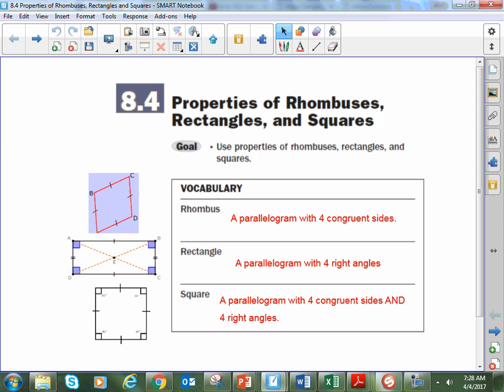A rectangle is a parallelogram that has four right angles inside of it, and a square is a parallelogram that has four congruent sides and four right angles. So a square can be classified as a rhombus and as a rectangle. However, a rectangle and a rhombus can't always necessarily be classified as a square.